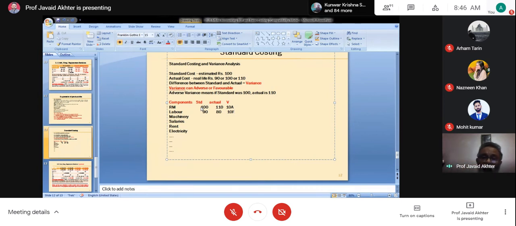At the end of the day, the total standard and total actual will give total variance, either A or F. Instead of having it for that long, the entire cost may be divided into some important components. Could be raw material, could be labor, and all the rest could be divided as overheads. In whatever components we decide, I will explain to you in subsequent classes how we go about doing it.